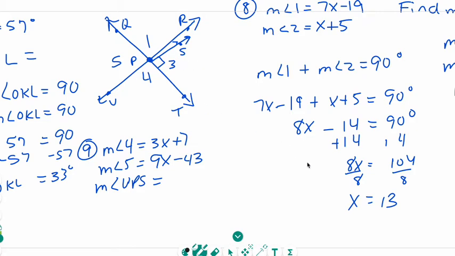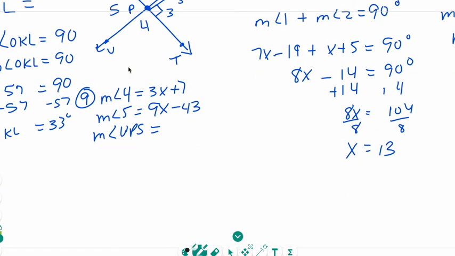We already know what angle 2 is, so we can figure out what angle 1 is. Actually, an easier way of doing that would be to look at angles 4 and 5, because that's what we're given. 4 and 5 are linear angles, which means that angle 4 plus angle 5 is going to equal 180.